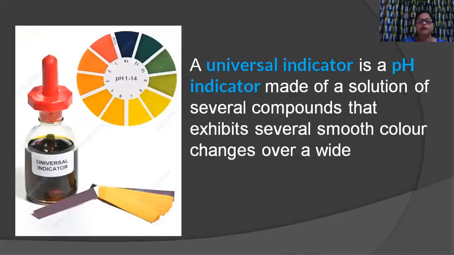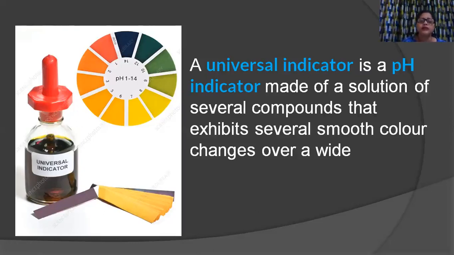Now, when we have known the pH value, how do we identify the strength? For that, we use universal indicator. We have also discussed about indicators previously, which were the chemicals responsible only to change the color and tell us whether the substance is acidic in nature or basic in nature.